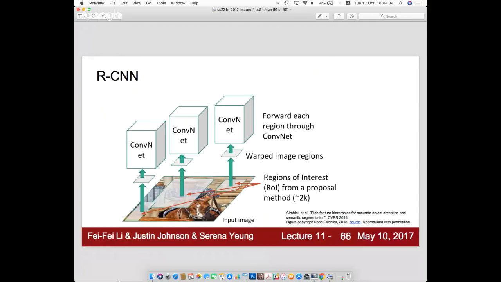Now, all this is happening in a loop. So they have all those regions of interest of the image, which is the output of the other algorithm, and then you take each of them, you warp them, and then you send them through the convolution net. So in this case, you have 2,000 regions of interest. That means you need to warp each one and send it to a convolution net 2,000 times.